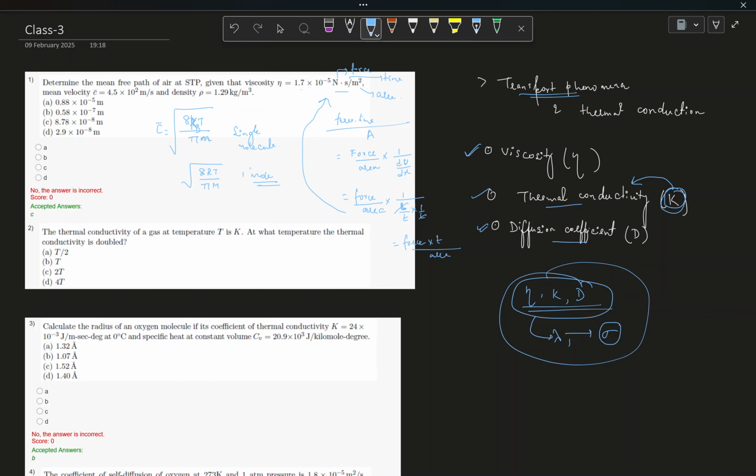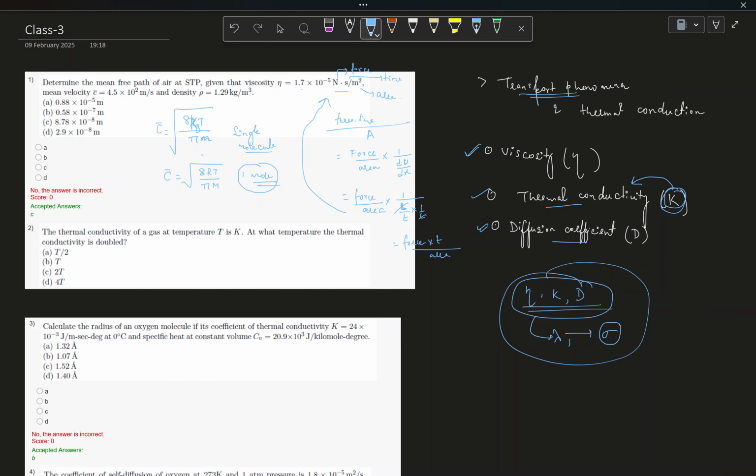And whenever you are not considering just a single molecule but 1 mole amount of the whole gas, that means that many number of molecules present in 1 mole, which is the Avogadro number, then your average velocity formula will be root over 8RT by pi capital M, where R is the universal gas constant and capital M is the molar mass, the weight equivalent to 1 mole of the gas.